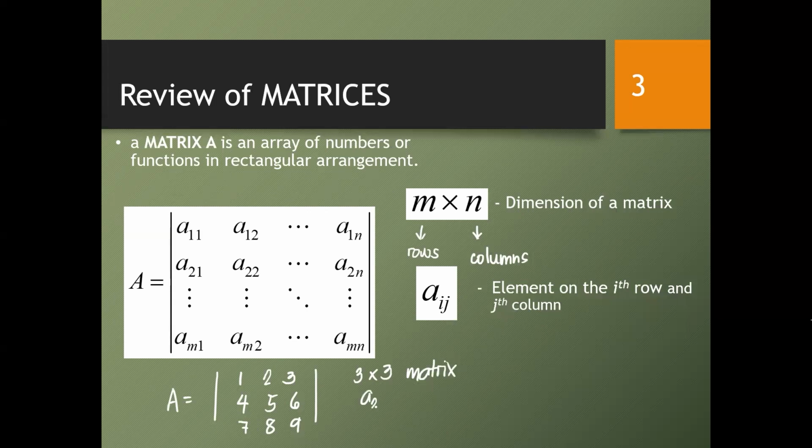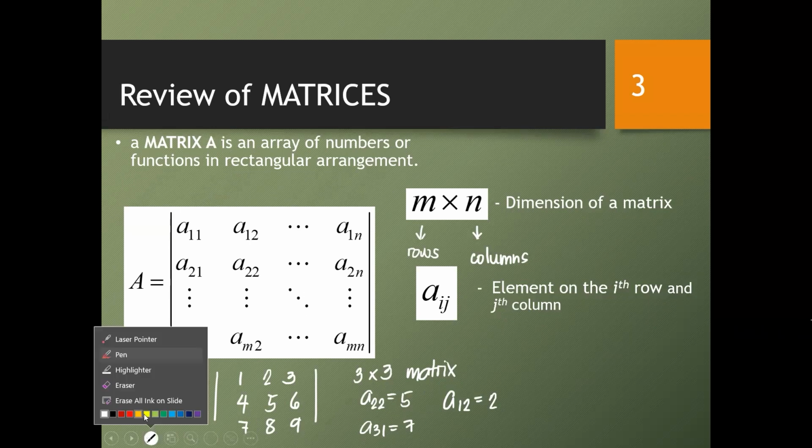So, what is A22, A31, and A12? What is A22, guys? 5, very good. What about A31? 7, very good. A12, it's 2. So you know where to locate those elements.